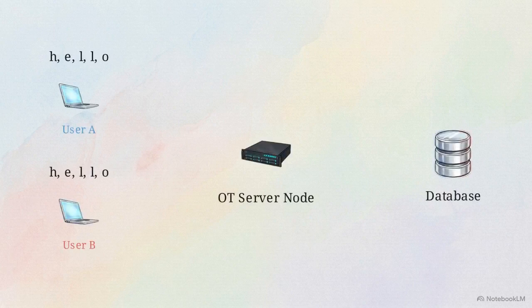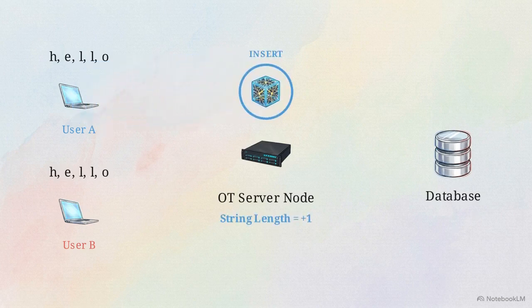We solve this using operational transformation, or OT. We place an OT server node between the users and the data to act as a mathematical arbiter. The core logic of OT is that the server never accepts raw text. It only accepts mathematical operations. When user A sends an insertion command, the OT node intercepts it and calculates the new total length of the string.